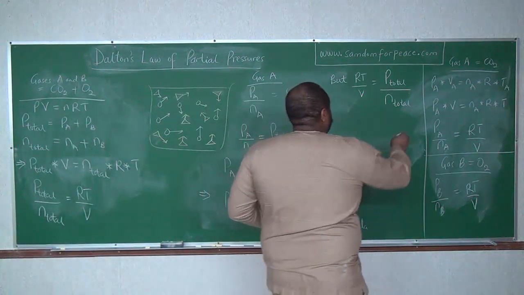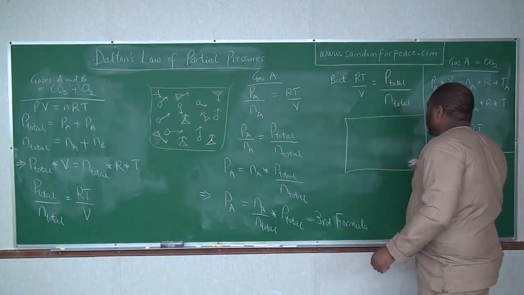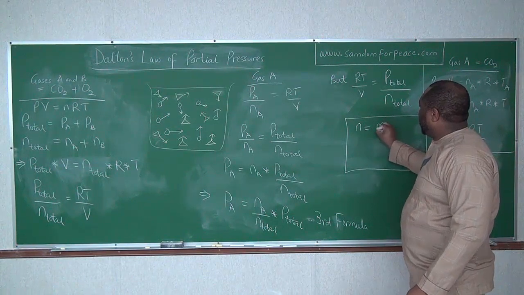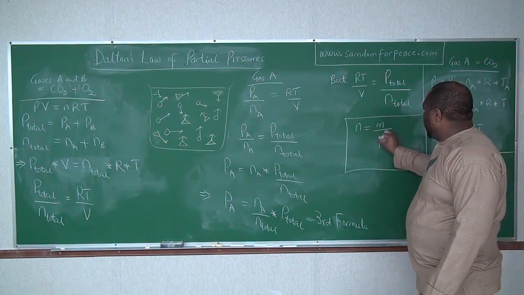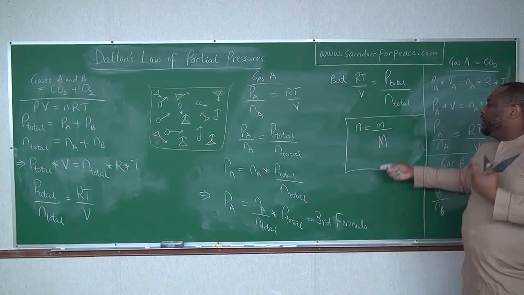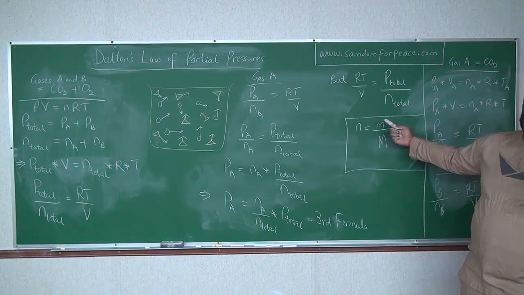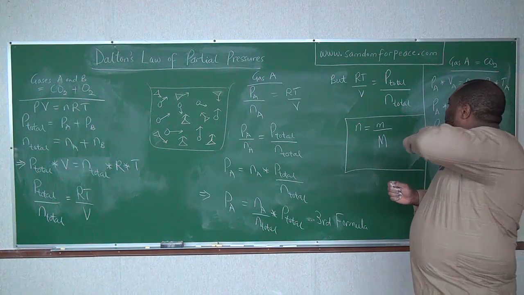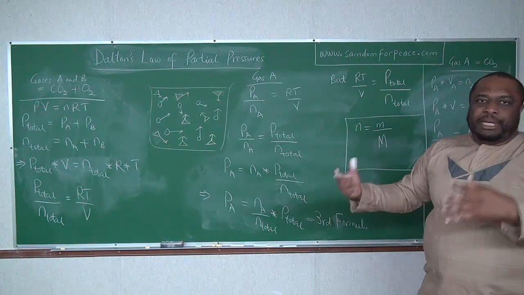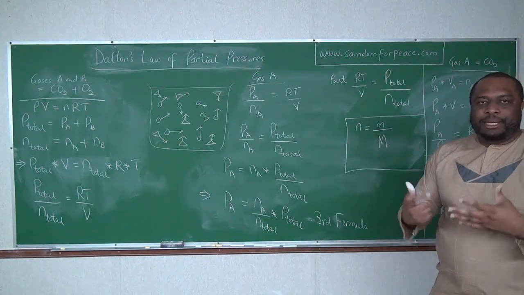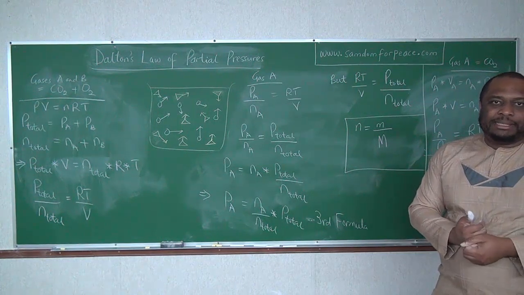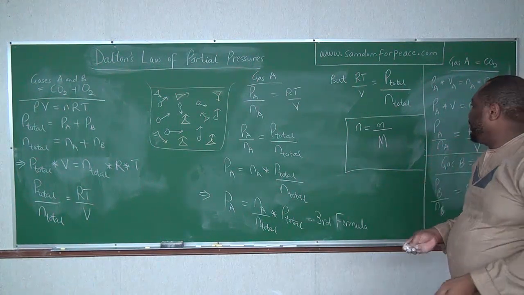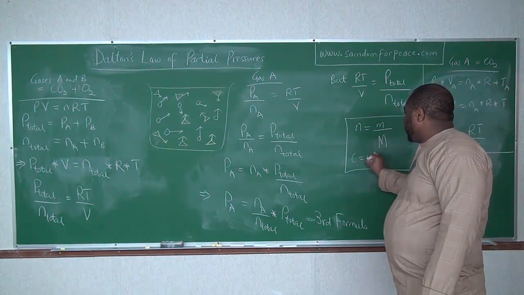Of course, you know that the number of moles is the reacting mass over the molar mass. So sometimes they give you the mass in grams of the gases, and they give you the relative atomic masses of each atom.